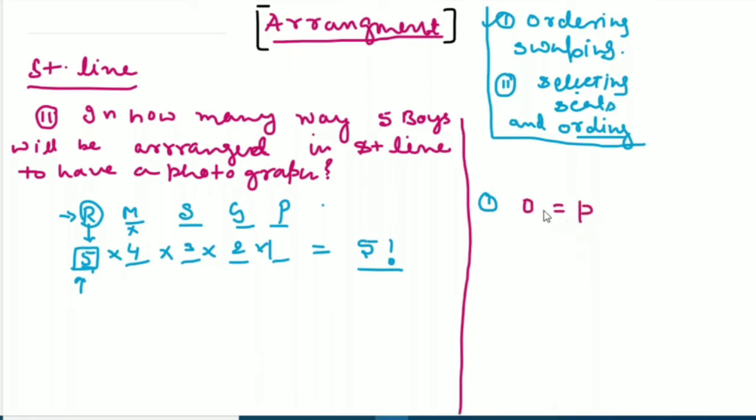Let's say I have R options and N places. Whatever the number of places, both of them are the same, so your answer will be either N factorial or R factorial, because both of them are the same.